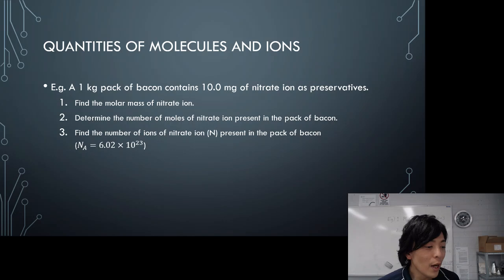First question, find the molar mass of nitrate ion. Two, determine the number of moles of nitrate ion present in a packet of bacon. Three, find the number of ions of nitrate ion, which is capital N, present in a pack of bacon using N_A, which is Avogadro's number, 6.02 times 10 to the power of 23.